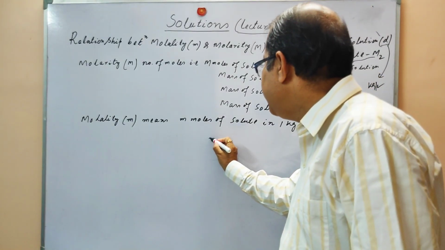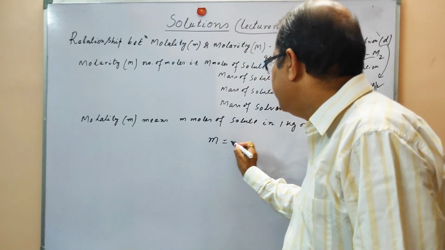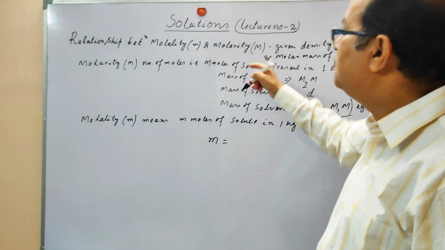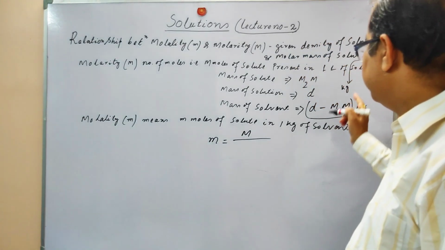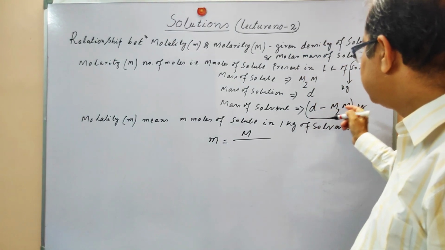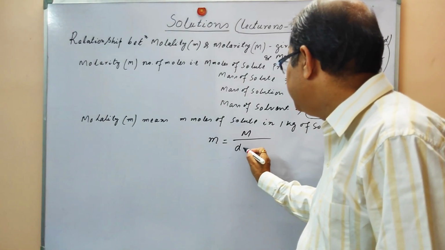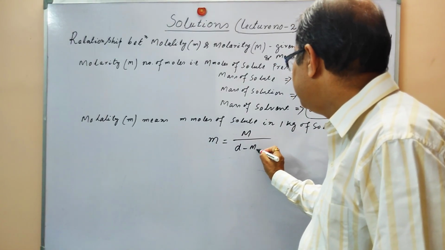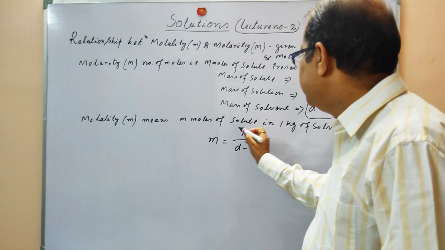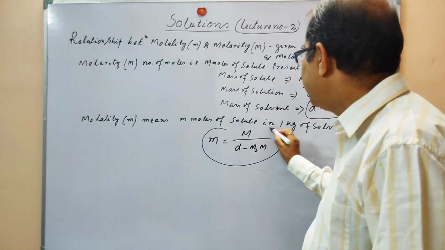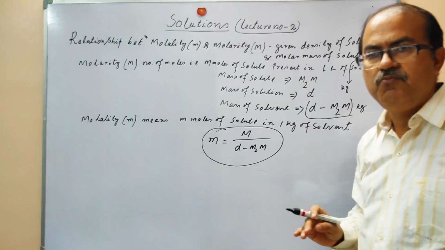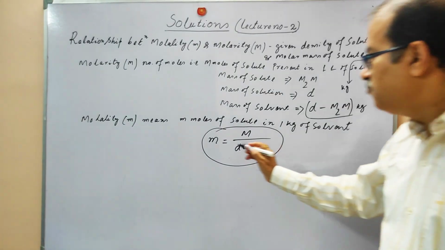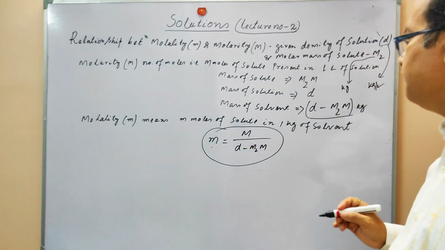We can write M is equal to the number of moles in the solution, which we already know, a capital M, divided by mass in kilo, D minus M2 by M. So this will be the relationship between molarity and molality.